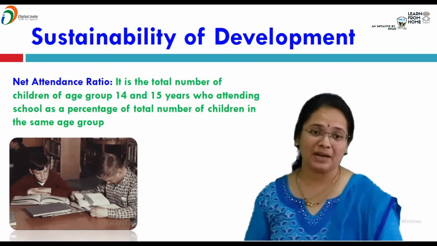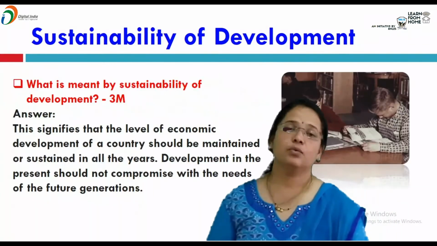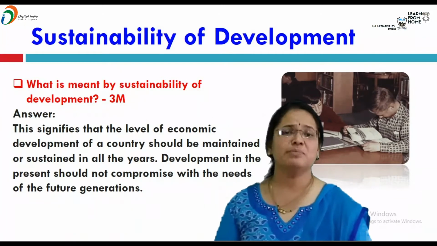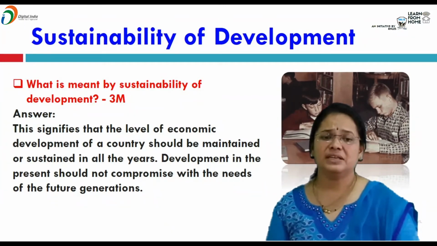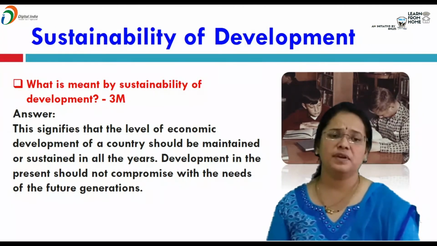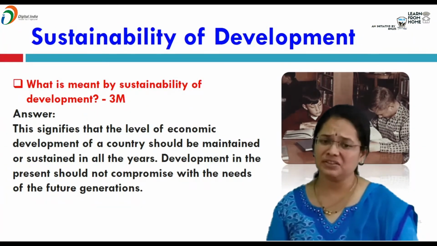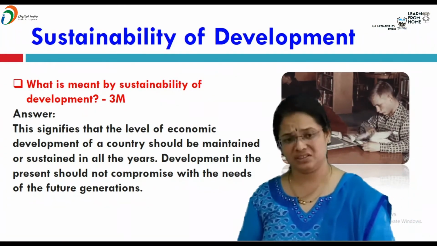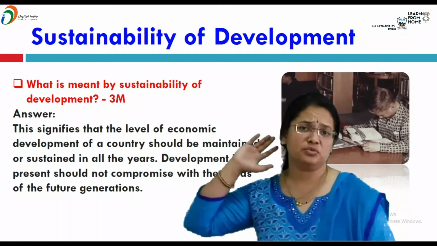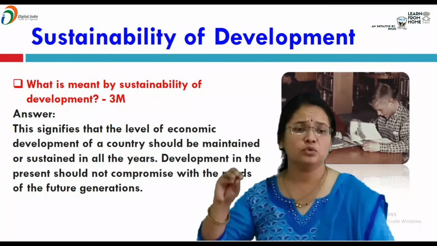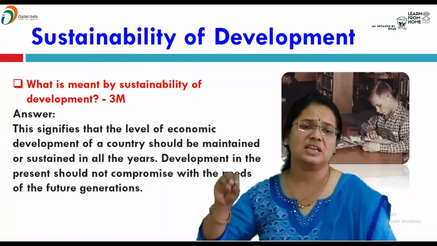So this is also part of development, and a question can be asked: what is meant by sustainability of development? Then you have to write that it signifies that the level of economic development of a country should be maintained or sustained in all the years. Wherever and however many years we try to develop, we have to maintain sustainability.